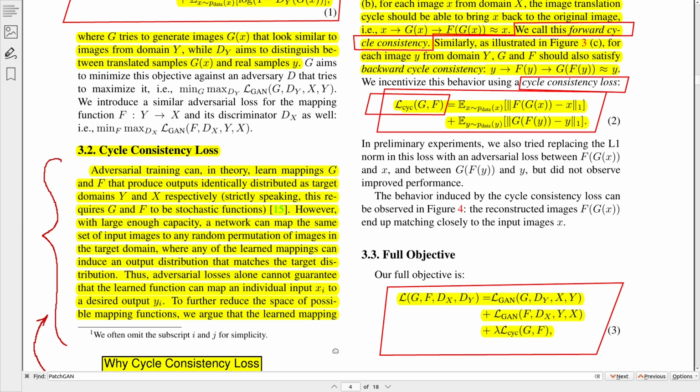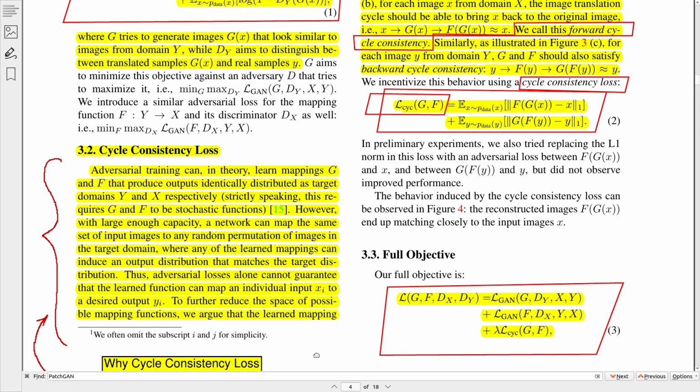However, with large enough capacity, a network can map the same set of input images to any random permutation of images in the target domain, where any of the learned mappings can induce an output distribution that matches the target distribution. Thus, adversarial losses alone cannot guarantee that the learned function can map an individual input xi to a desired output yi.